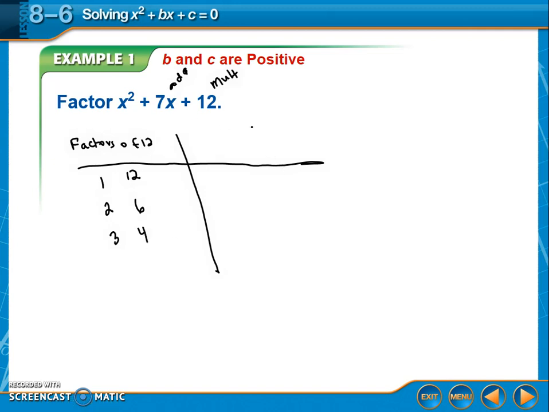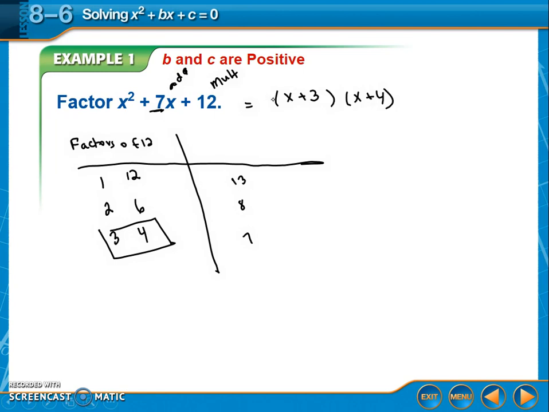Then I want to look at their sums, and I want the pair that adds up to 7. So I get 13, 8, and 7. The one that gave me 7 is the answer I'm looking for. So I write it as x plus 3 and x plus 4.